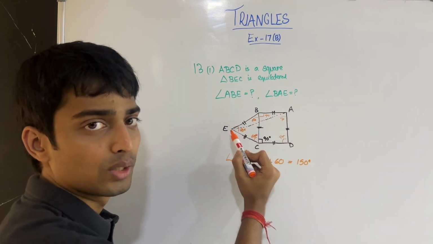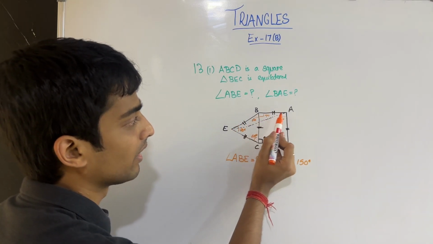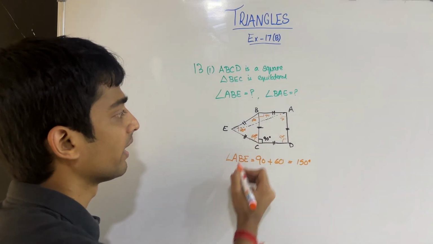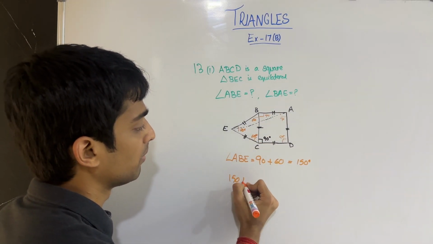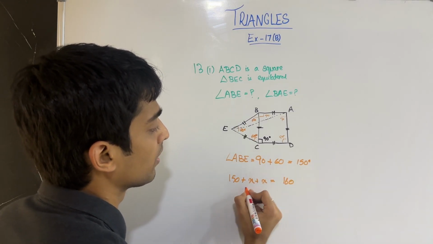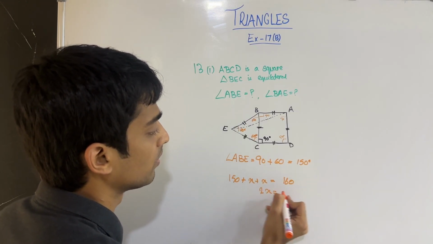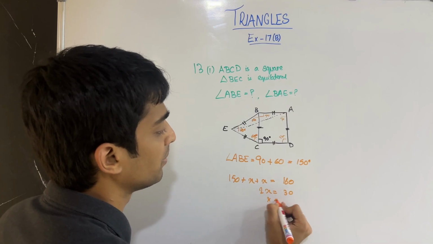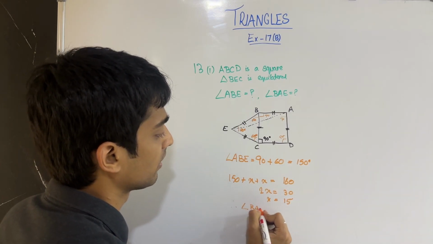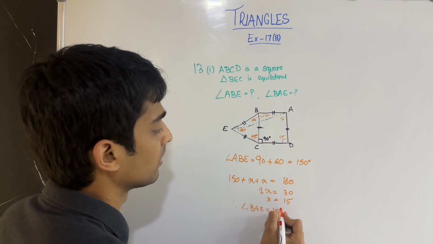Since these two sides are equal, we have the vertical angle, we need to find the base angles. Let the base angle be x. So we can write 150 plus 2x equal to 180 degrees. So 2x equal to 30, x will be 15. Therefore, angle BAE will be 15 degrees.